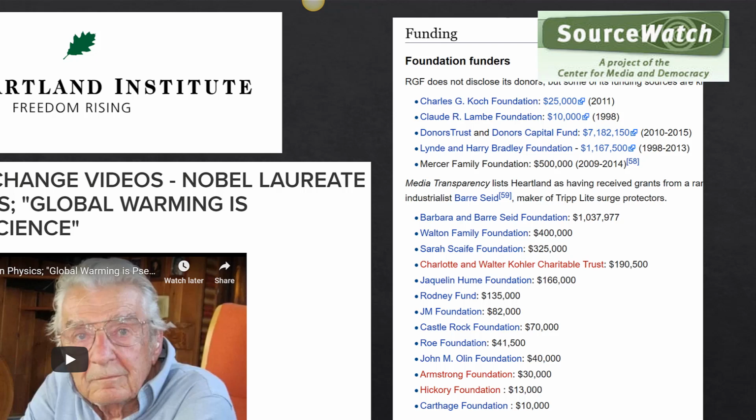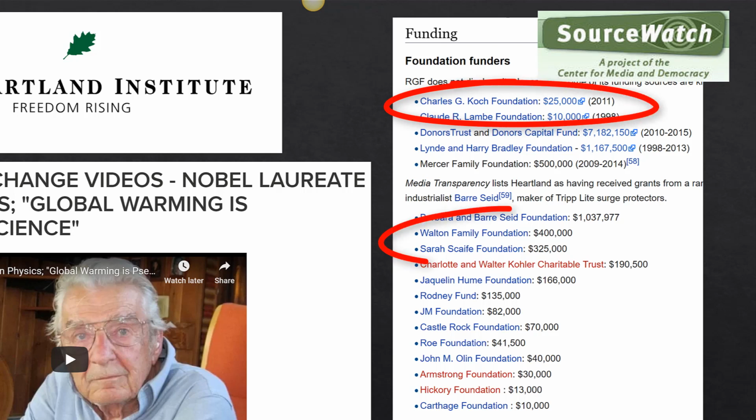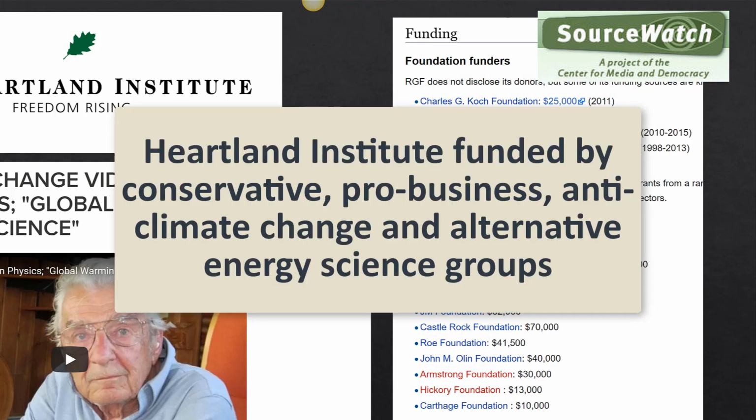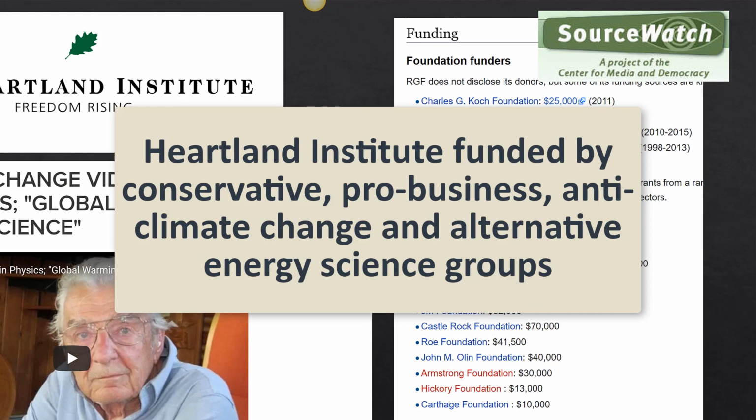We can see that some of the most prominent funders of the Heartland Institute include the Koch Foundation, the Walton Family Foundation, the Sarah Scaife Foundation, the John M. Olin Foundation. All of these foundations and funds are organizations that have been putting thousands to millions of dollars over the years to support organizations that provide support to a number of different conservative causes.